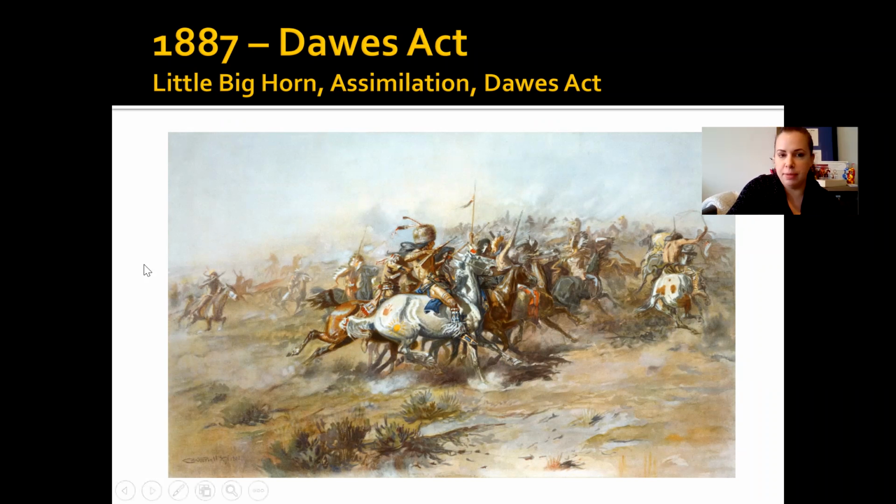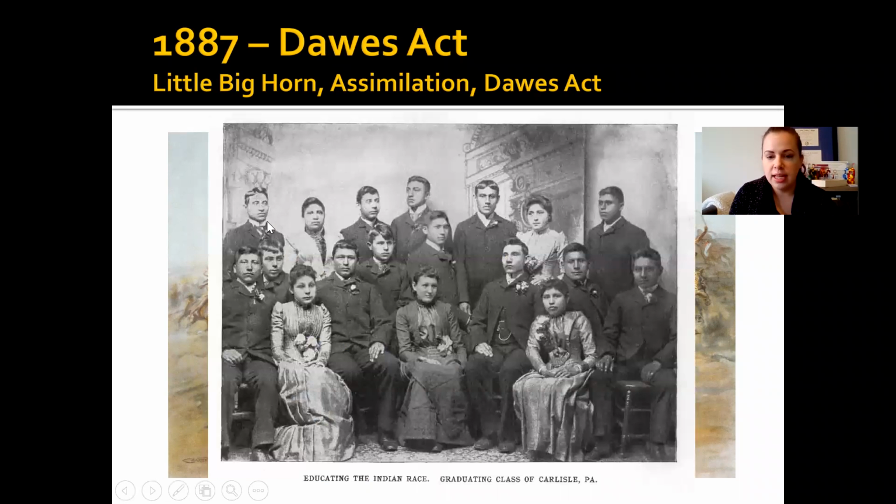One of the most famous forms of assimilation is the creation of the Carlisle School. Carlisle is spelled C-A-R-L-I-S-L-E. The Carlisle School is a school where the American government forces Native American parents to give up their children and send them to this school where they are taught English, forced to cut their hair, forced to wear European clothing, and forced to act white.